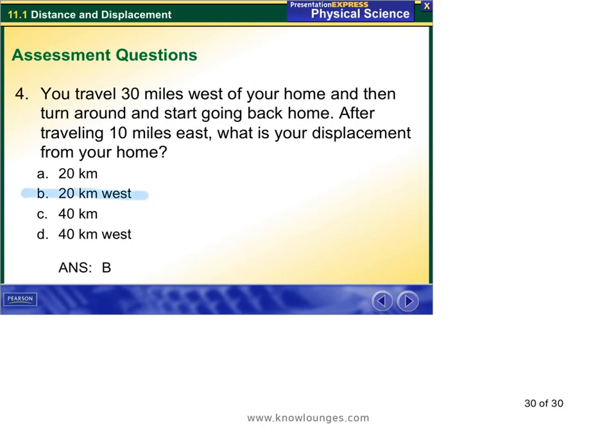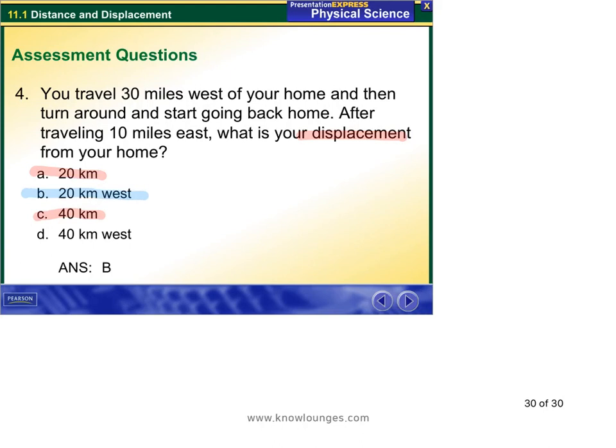A and C would be automatically eliminated because we're trying to find a displacement, and a displacement always has to have a direction.